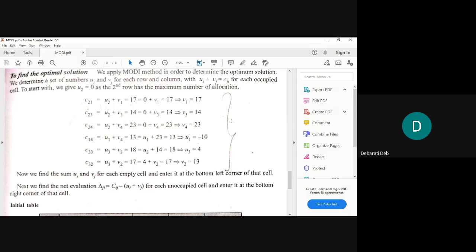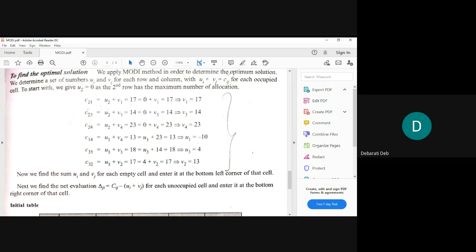That is 0 plus V4 equals 23. That implies V4 equals 23. Okay.